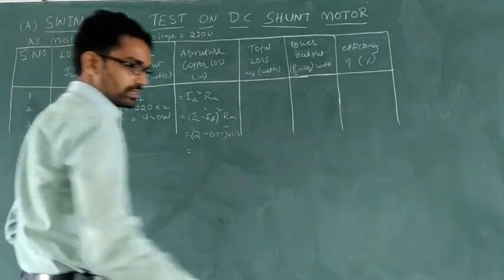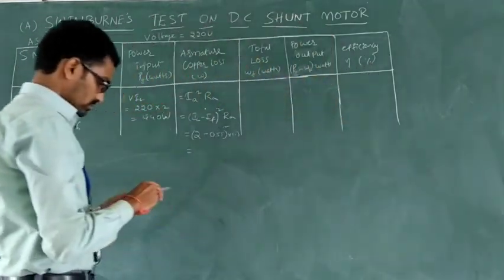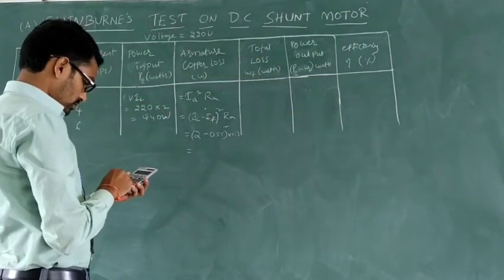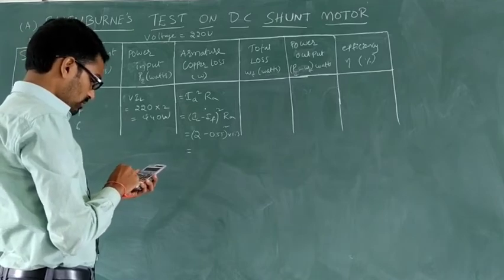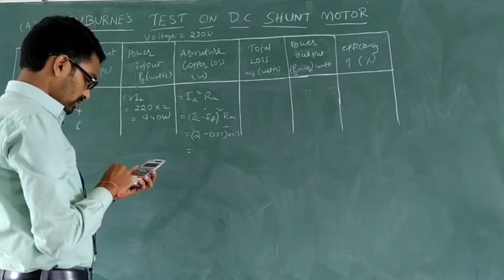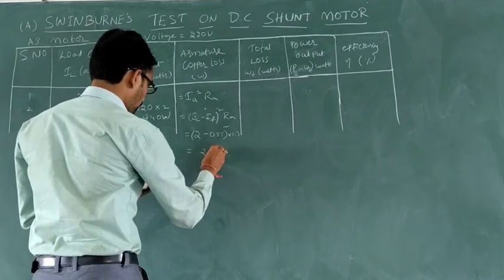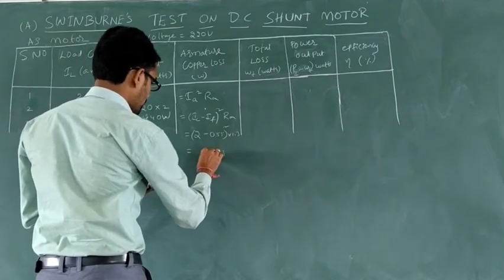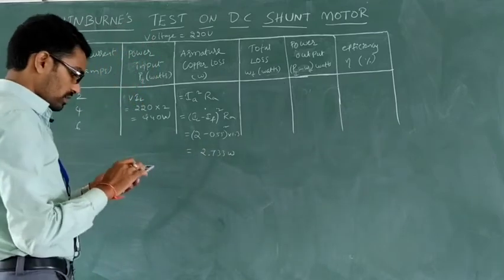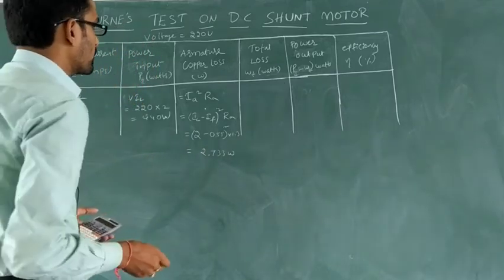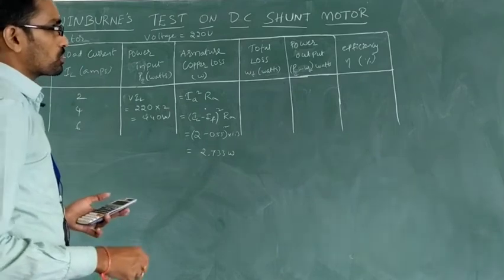Just calculate that: 2 minus 0.55 whole square into 1.3, and you are going to get 2.733 watts as the armature copper loss. Then we are going to calculate the total loss.